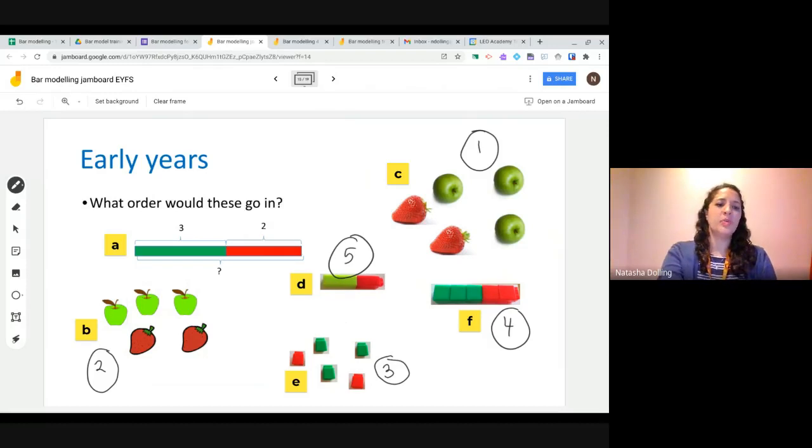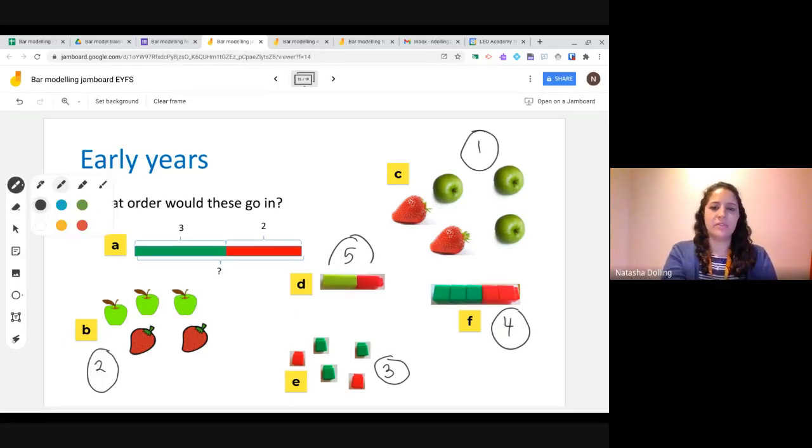Now, the difference between D and F, which I've tried to show, is that F still has individual concrete resources to represent each object. D does not have individual resources to represent each object. What you have is a resource, that is a cuisinaire, that is proportional. So I'm just going to get rid of that line of the 5.